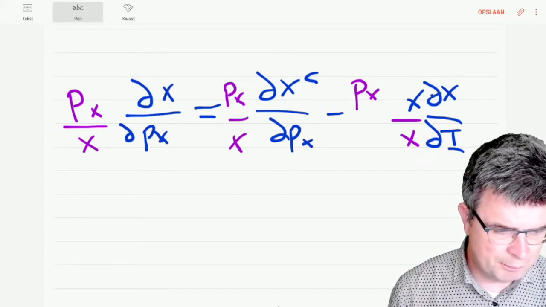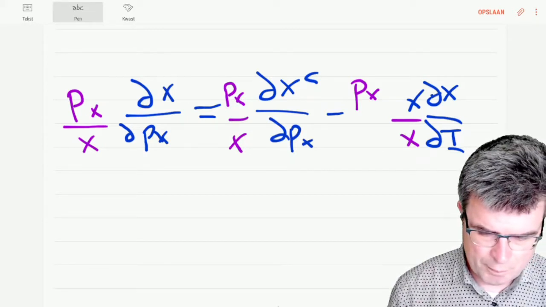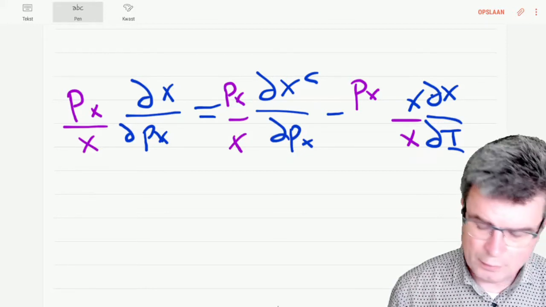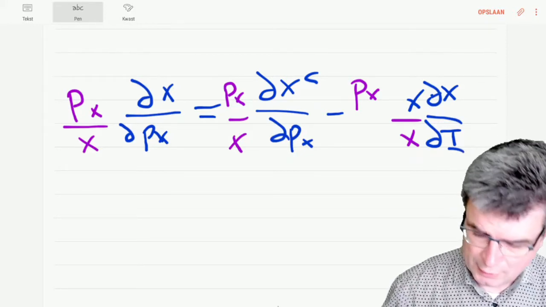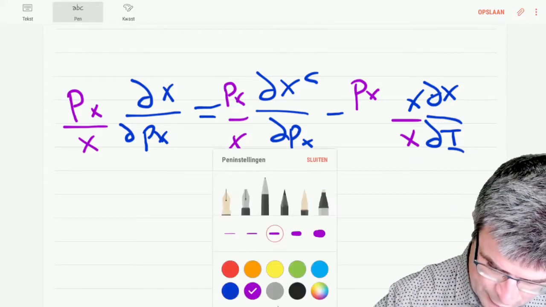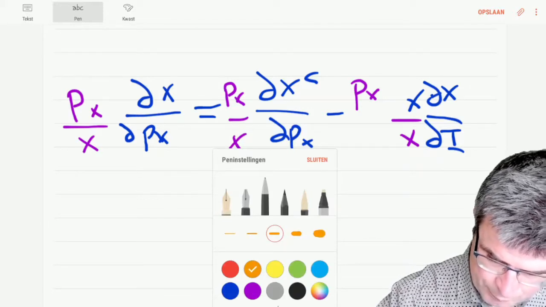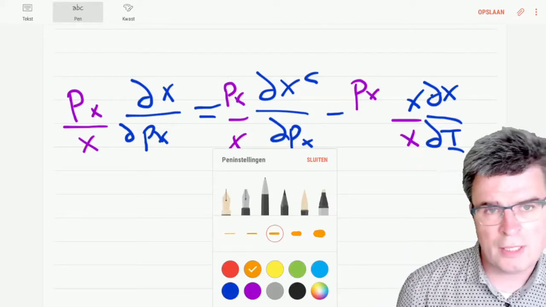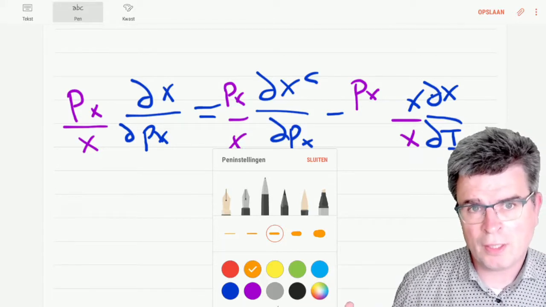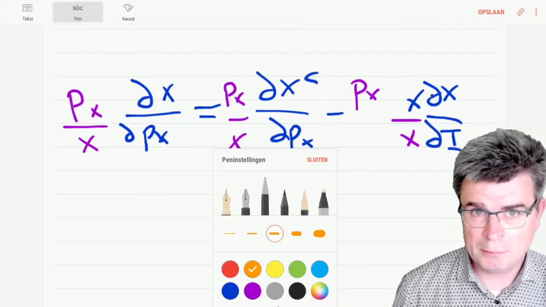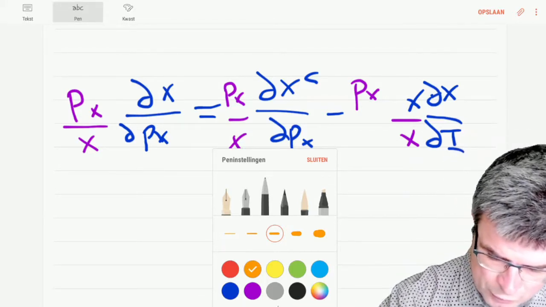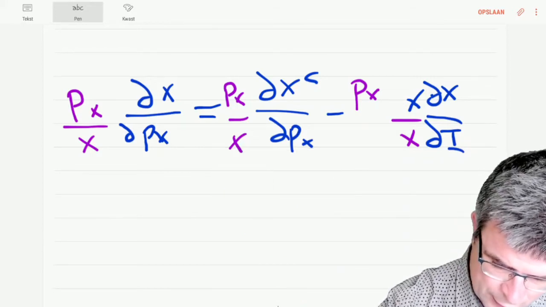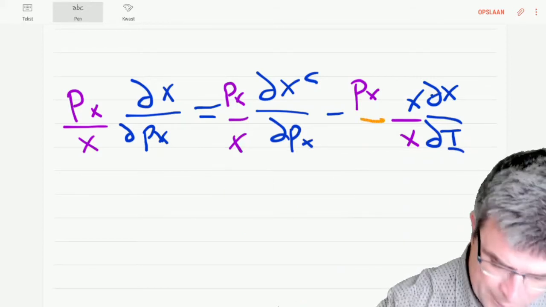And then in a second manipulation, the second term on the right-hand side, I will multiply and divide at the same time by capital I, by income. So this is also a manipulation that is okay.